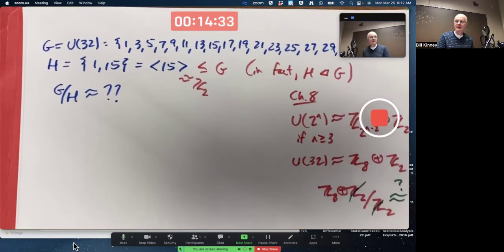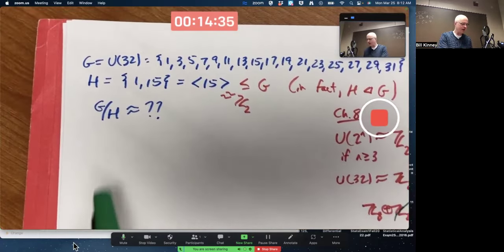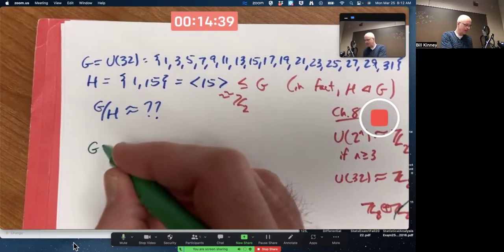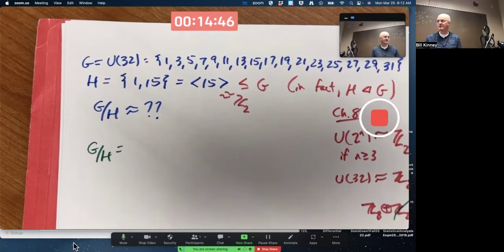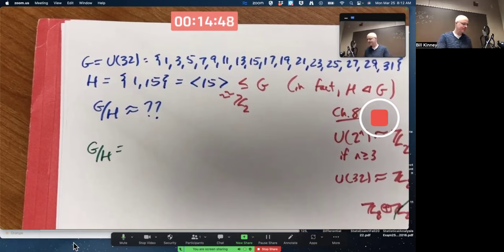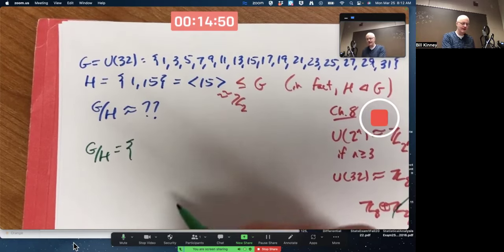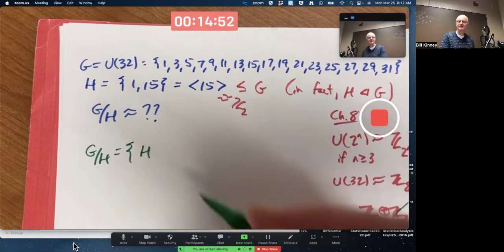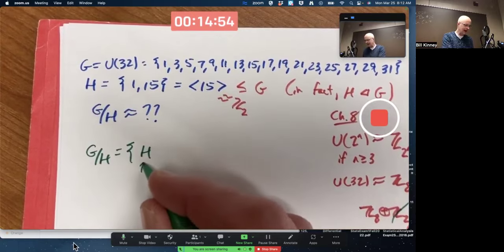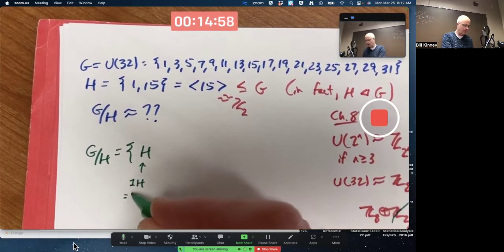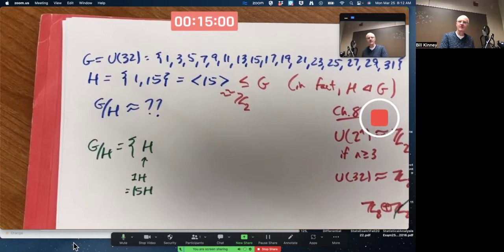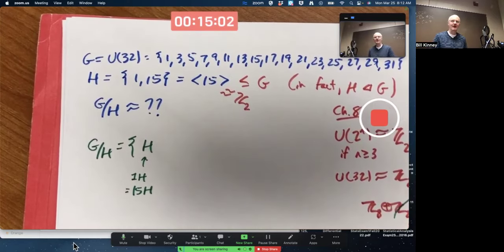First step, which many of you did, is figuring out what are the elements of this factor group. They are cosets, left cosets as a default, though you could take them to be right cosets if you wanted to. There's H itself, which could be thought of as 1H or 15H, right?